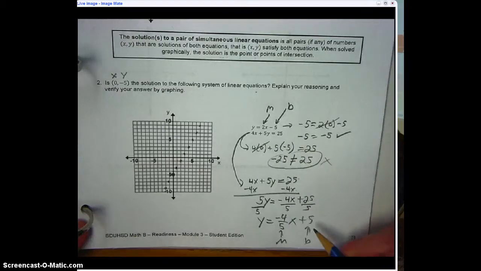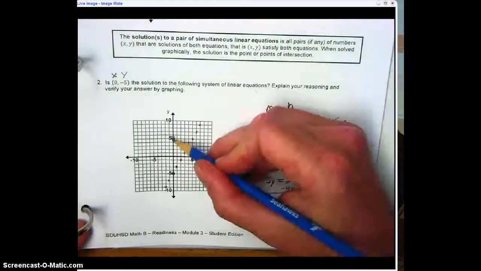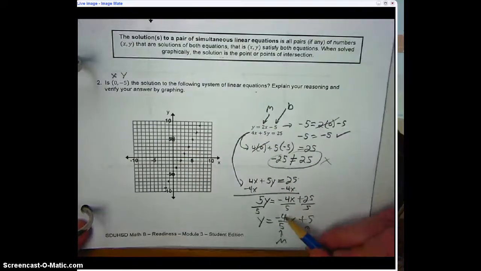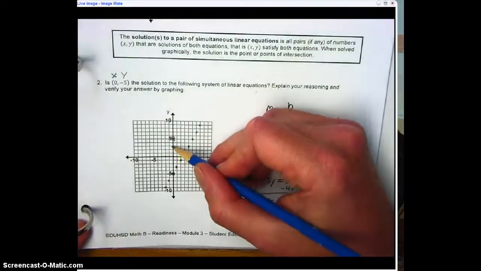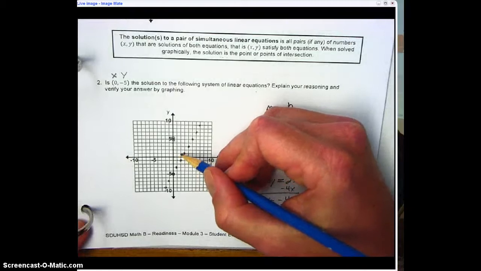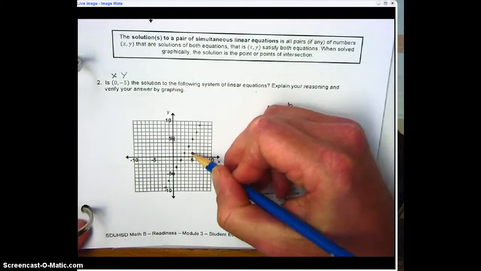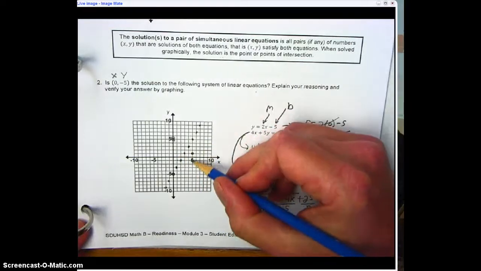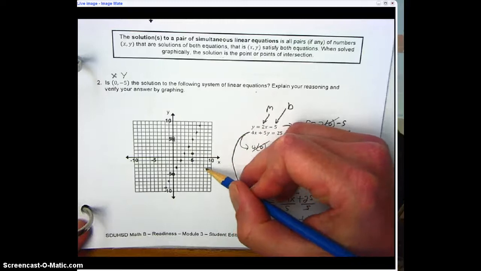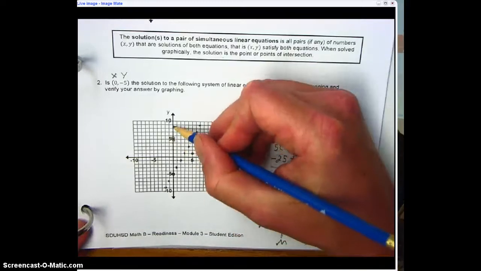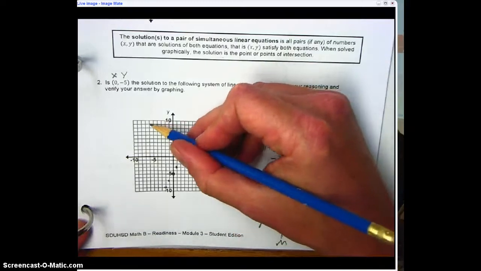Where do you begin this graph? At 5. And then you go down 4 and right 1, 2, 3, 4, 5. Down 1, 2, 3, 4, right 1, 2, 3, 4, 5. Up 4, left 1, 2, 3, 4, 5.